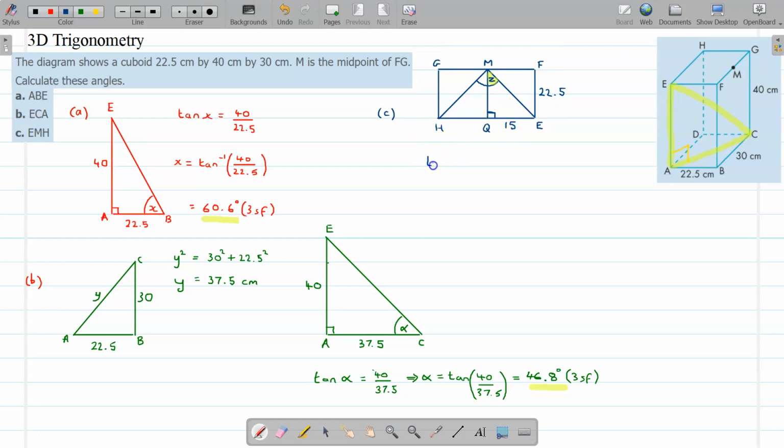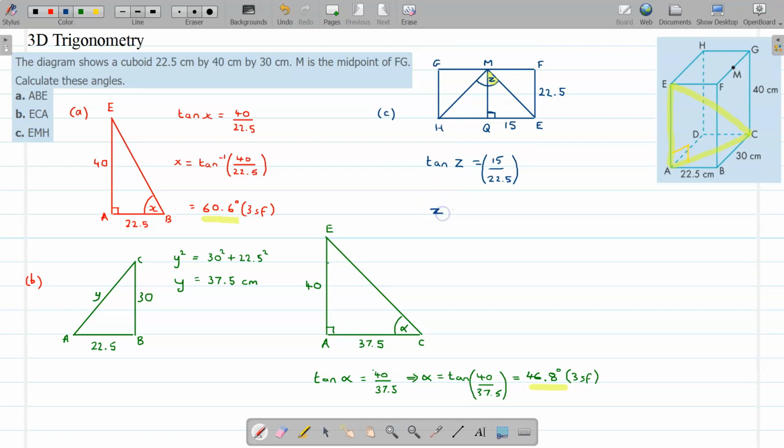So it'll be the opposite over the adjacent again. So the tan of the angle Z would be 15, that's opposite, divided by the adjacent, which is this line here, 22.5. Which means that Z is going to be the inverse tangent.